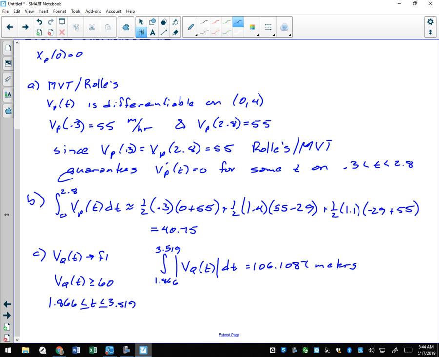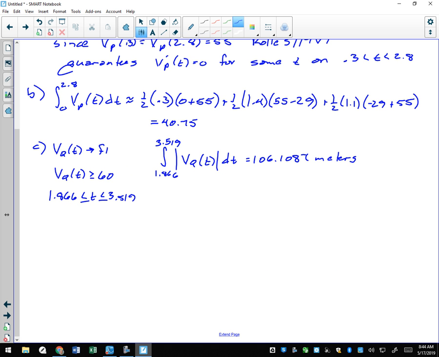So last part: at time 0, particle Q is at position negative 90. Use the result from part B and the function v of Q to approximate the distance between the particles at time 2.8. So I need to know both of their positions at 2.8.